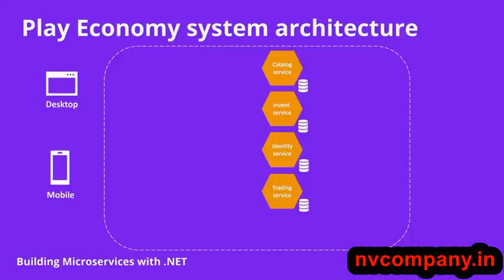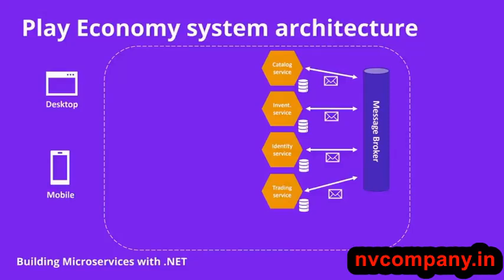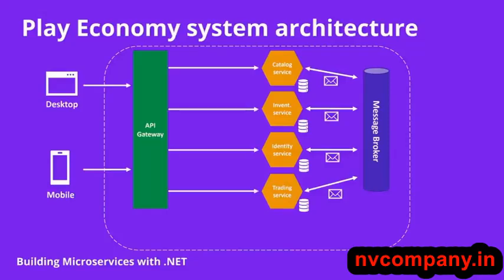For inter-service communication, the system makes use of a message broker, which allows the services to collaborate by publishing and consuming messages asynchronously. For the clients to interact with the microservices, this architecture adds an API gateway, which provides a lot of flexibility to make changes to the services without impacting the clients, and lets the services focus on their business while delegating multiple cross-cutting concerns to the gateway.